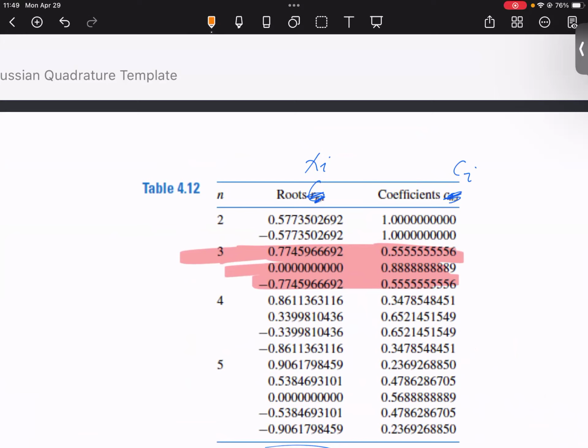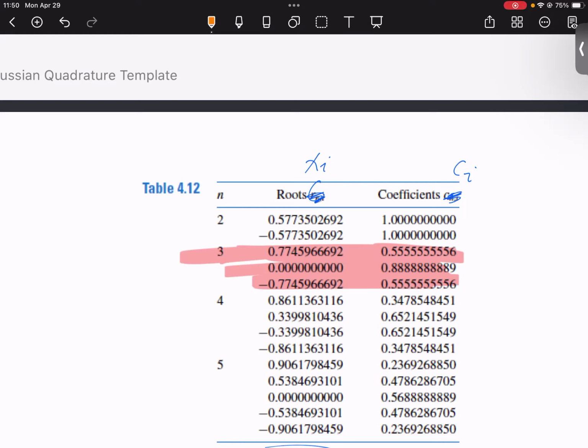This is the negative square root of 3 divided by 3, and these are the coefficients. They are fixed for the interval -1 to 1, and then you can apply them to different functions f(x). These are all the node points for the interval -1 to 1.